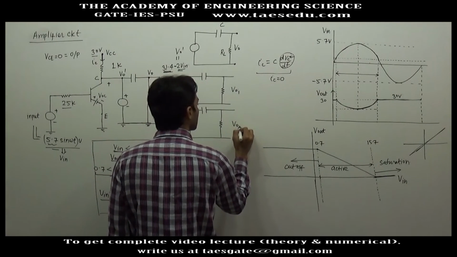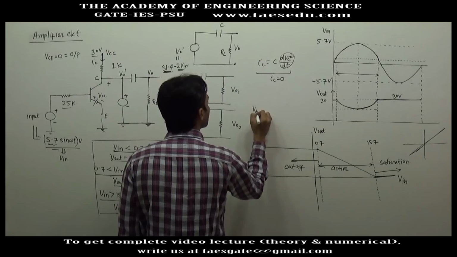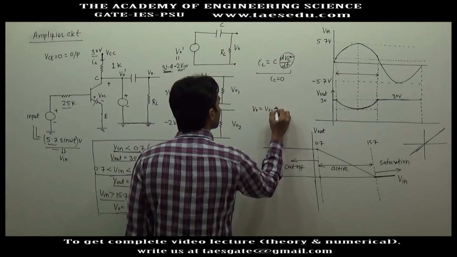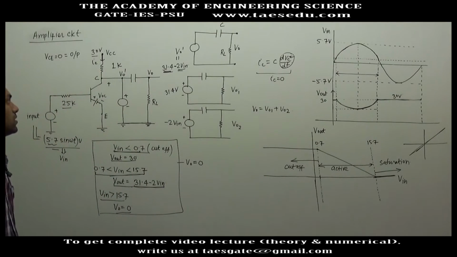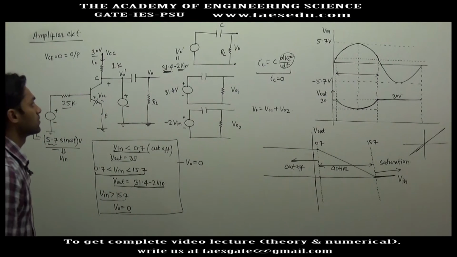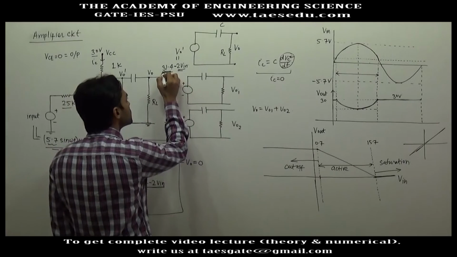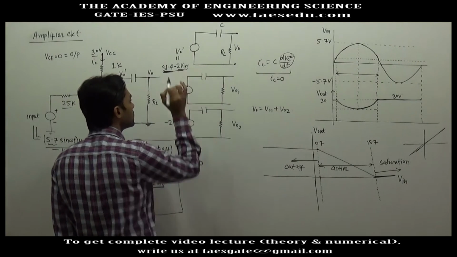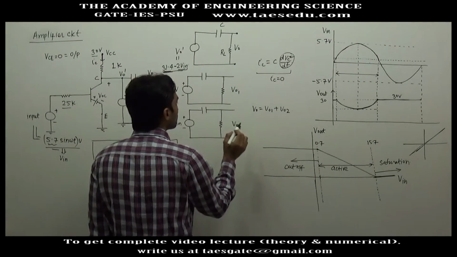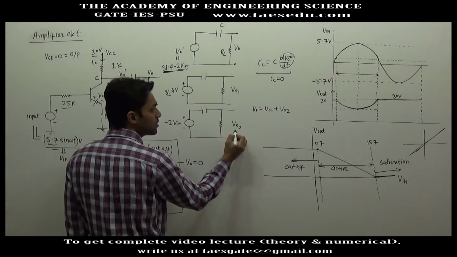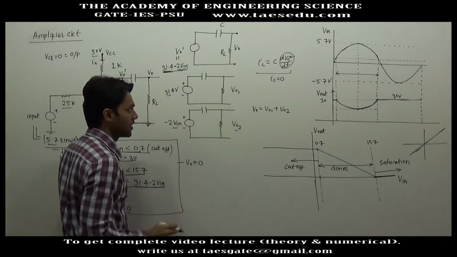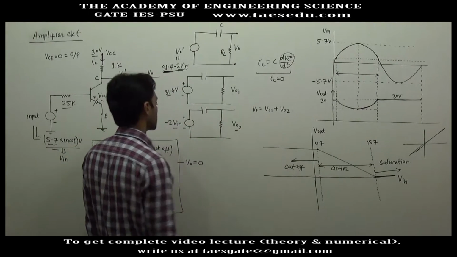This is V02, and V0 will be V01 plus V02. So finding the output voltage due to this input means finding the response due to the first input and the response due to the second input, and then adding these two responses.